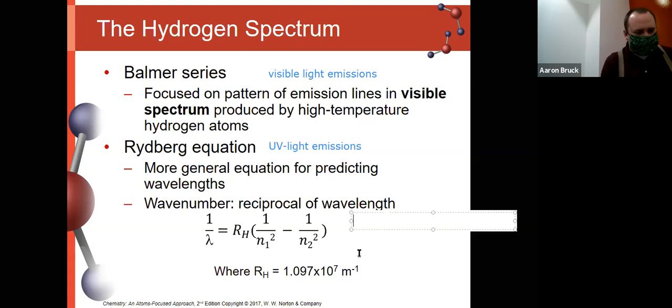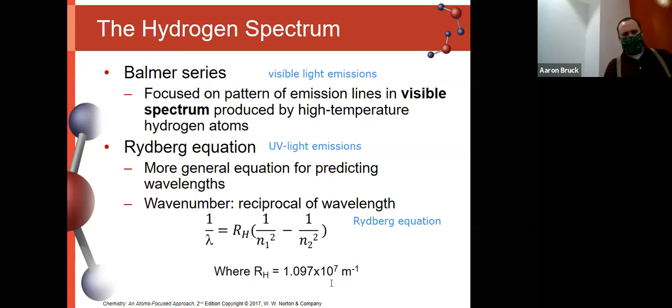And for general purposes, we call this the Rydberg equation. It goes like this. The wave number of light is equal to the Rydberg constant, 1.097 times 10 to the 7th reciprocal meters, multiplied by the difference in 1 over the energy level squared between the energy level that we start at and the energy level that we end at.